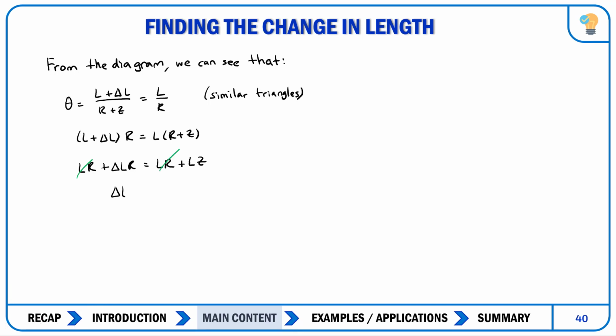And you have delta L equals LZ over R. So then, we've now defined delta L.